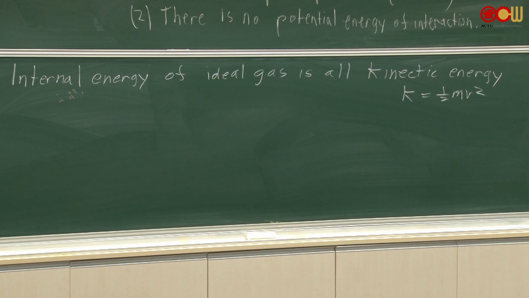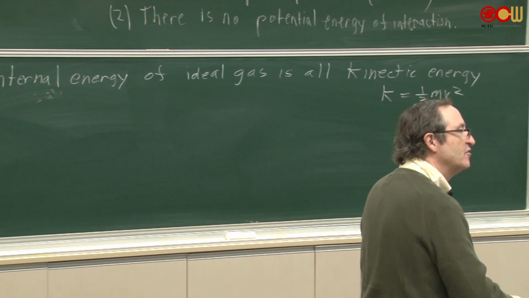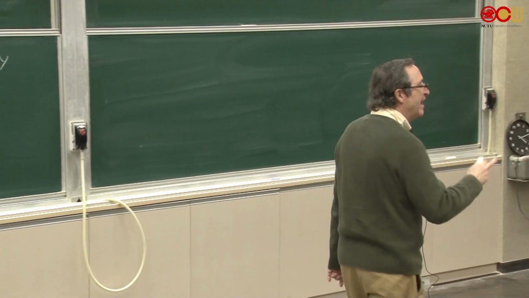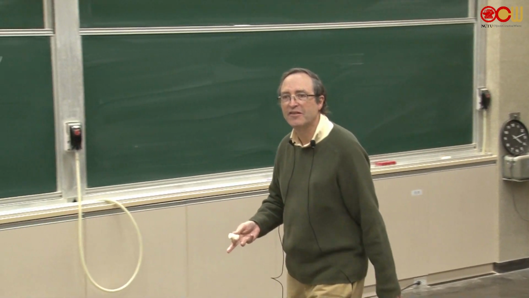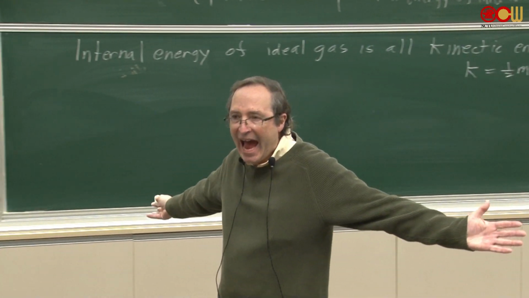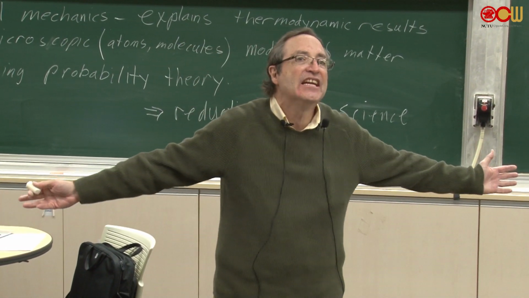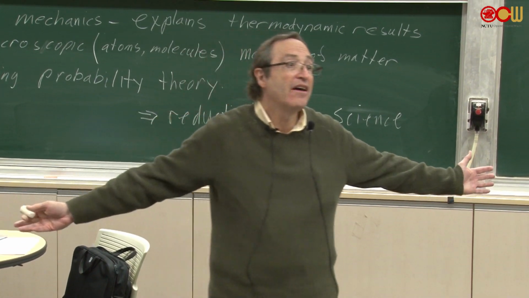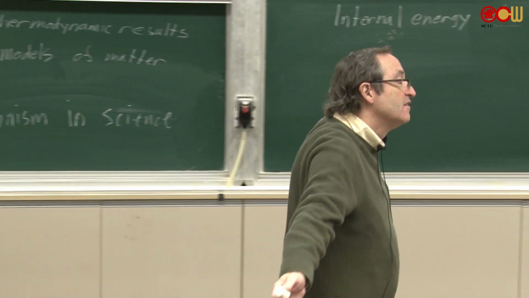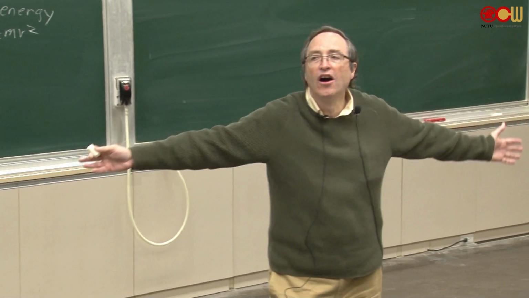This model is very peculiar because despite the fact that the particles have no size and there is no potential energy of interaction, we assume that somehow the particles' velocities change. Some of that change is because a particle bounces off a wall.